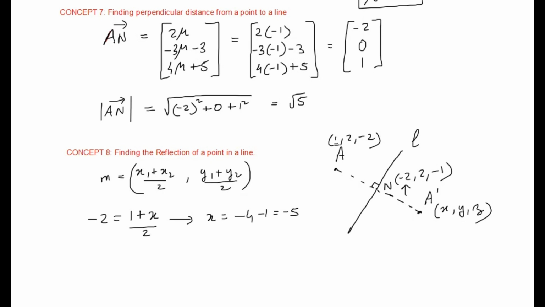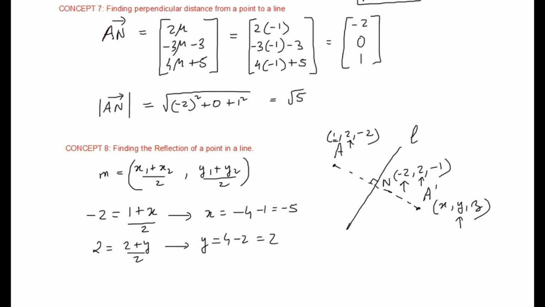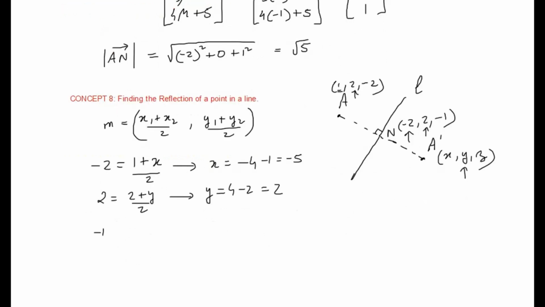So 2 is equal to 2 plus y by 2, which implies that y is 4 minus 2, which is 2. And finally, to find z, negative 1 is equal to negative 2 plus z by 2, which implies that z is negative 2 plus 2, which is 0.